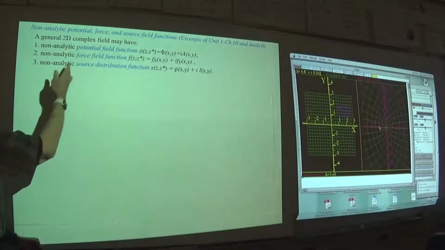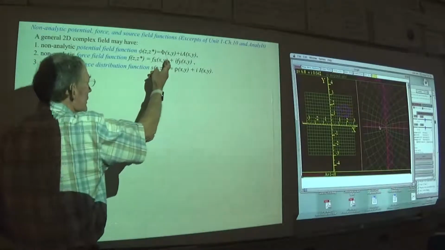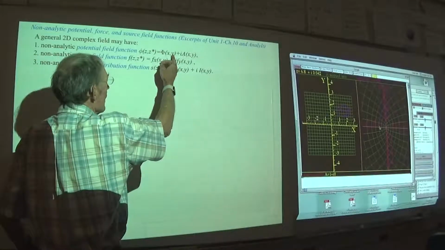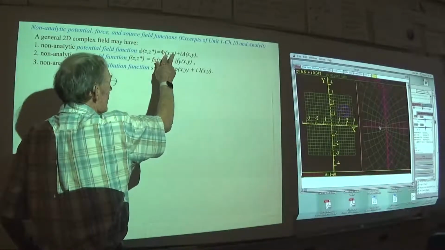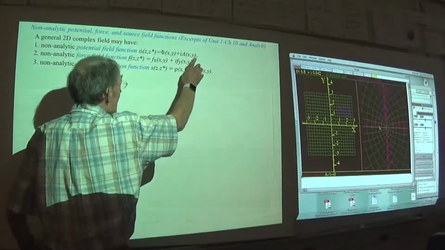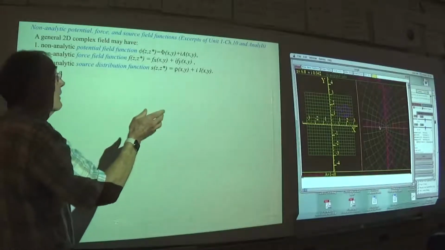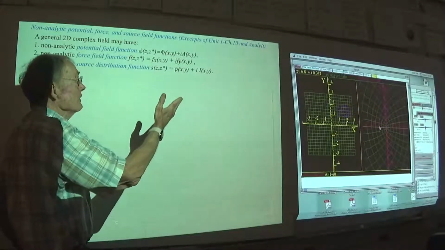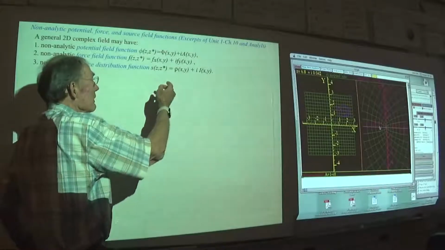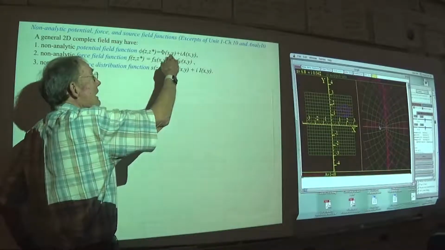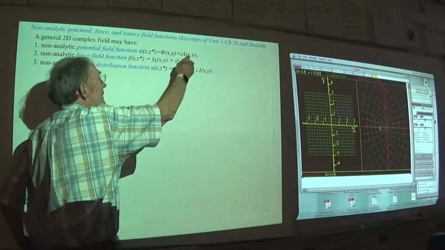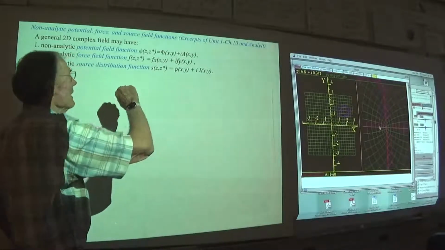There'll be a non-analytic potential that consists of something scalar-like and then something vector-like. But we're not going to require it to satisfy Cauchy-Riemann at all. When we take a derivative of this, we're not going to get the same thing as when we take the curl of that.